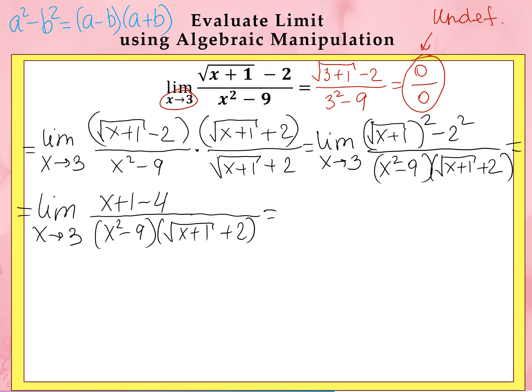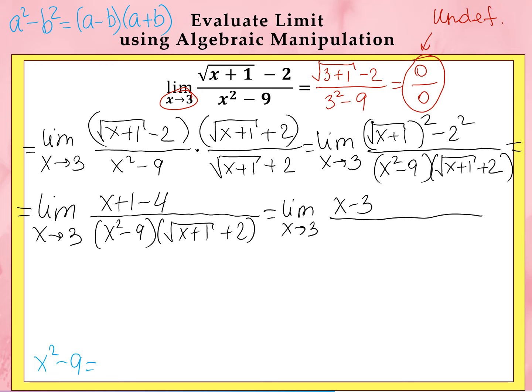Simplify, it would be the limit as x approaches 3 of x minus 3 over... What is x squared minus 9? You can write it like x squared minus 3 squared. Now again, we will use our difference of squares formula.